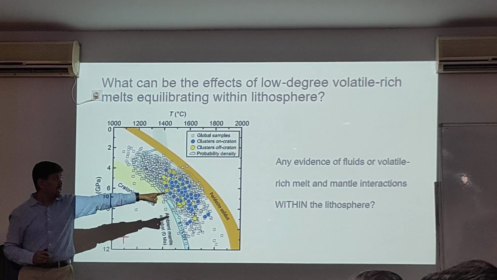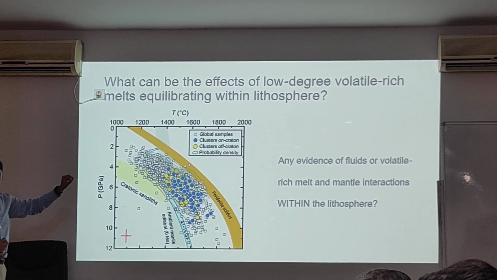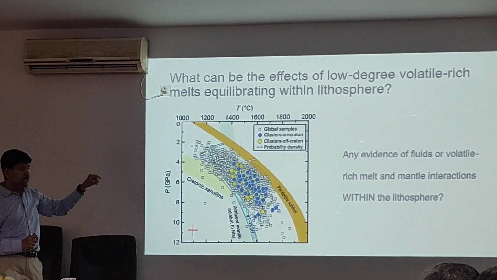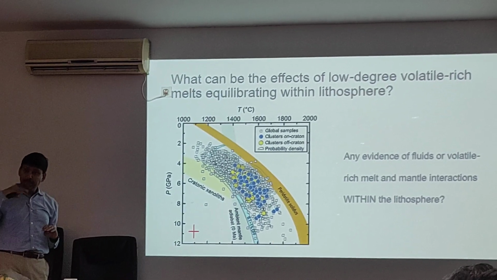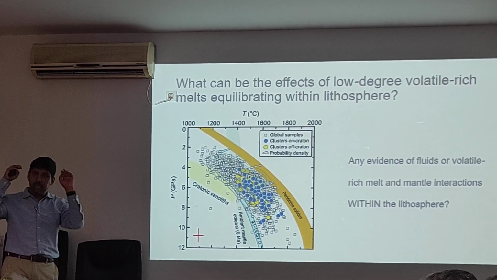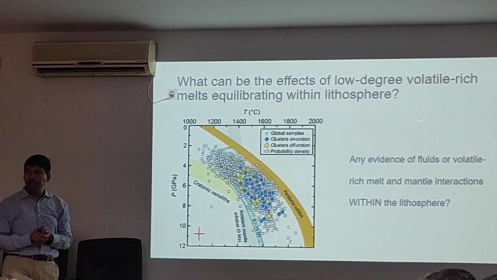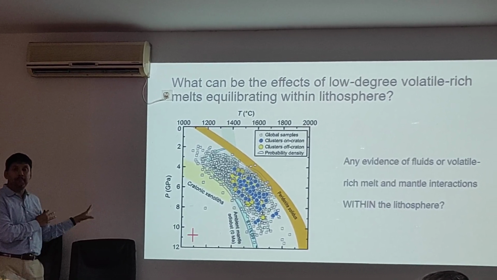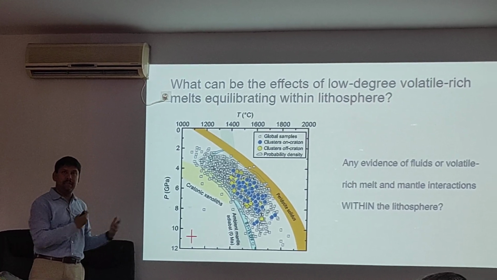What that means is that maybe not most of them, but there are some fluids and volatile-rich melts that are equilibrating not at the base of the lithosphere, but within the lithosphere, meaning it's percolating up and getting equilibrated within the lithosphere. That's not the best news for our kimberlite story, but then that gave us a thought process.